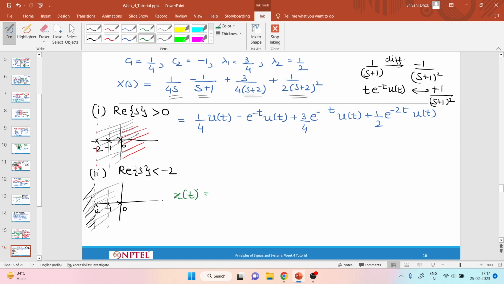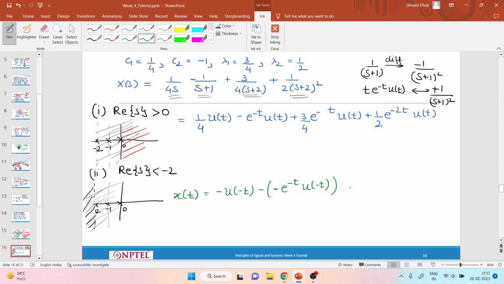So first of all here, this 1 upon 4s will lead me to u of minus t, so that will be equal to minus of 1 by 4 u of minus t. 1 upon s plus 1 will give me minus times minus of e power minus t u of minus t.